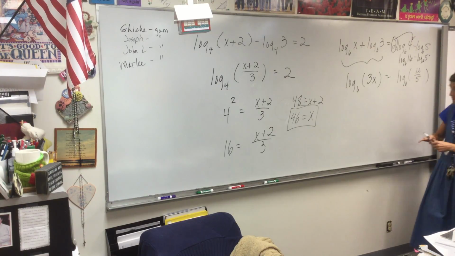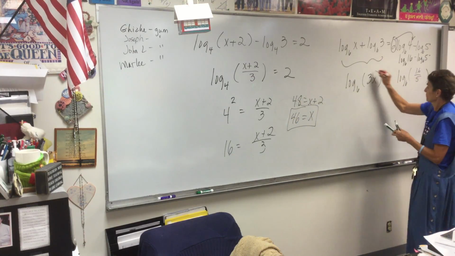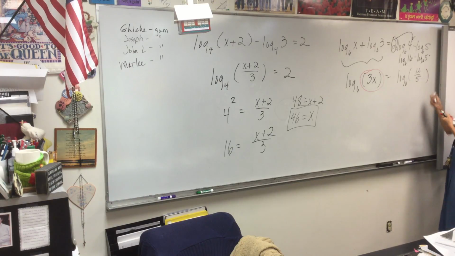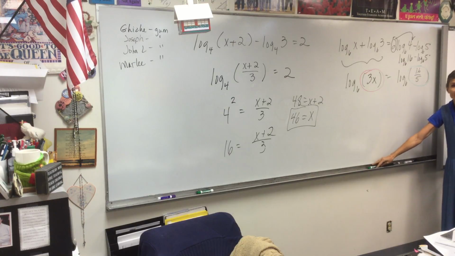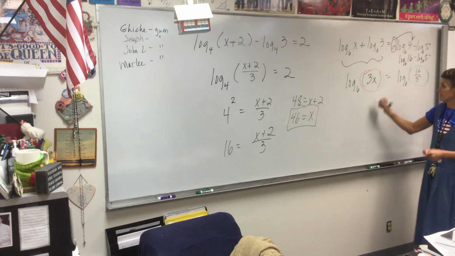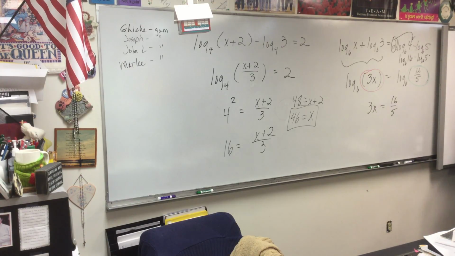The log of red equals the log of green. The log of red is the same as the log of green. Doesn't it make sense then that whatever red is must be equal to whatever green is? Some kids will say, I'm going to drop the logs.